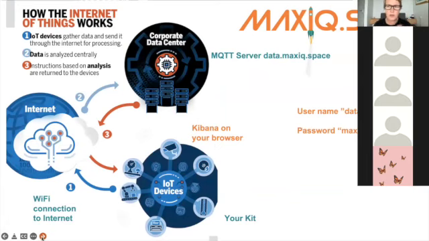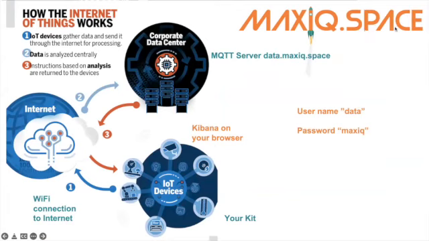And what we're doing here with the Kibana dashboard and what you're doing with your particular kit has got everything to do with Internet of Things. If it weren't for Internet of Things, we certainly wouldn't be able to run these kits, or get any data or anything like that.